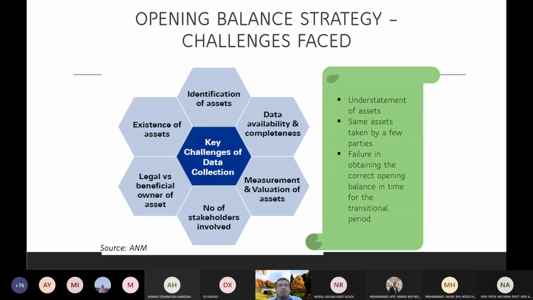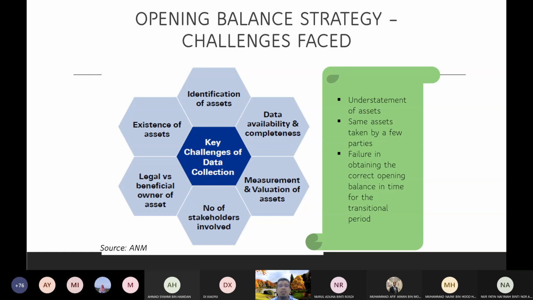Data availability and completeness. If it is a new asset, that is quite straightforward, because they still have the source documents. But for assets beyond 7 years, I think government keeps the records for 7 years under the statute of limitations, so how do we identify them? That is definitely challenging. If they have a fair value or market value, then they can use valuation services to determine the value.